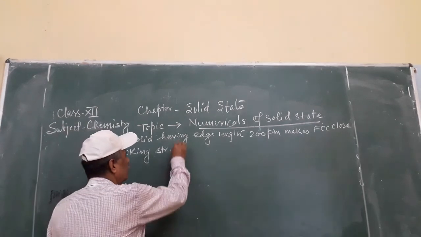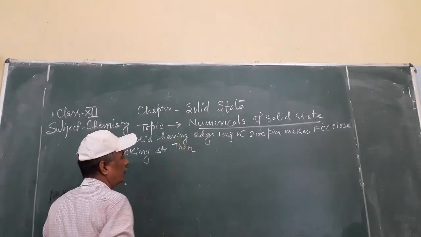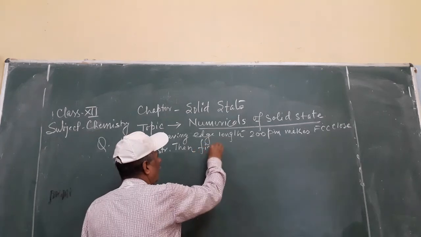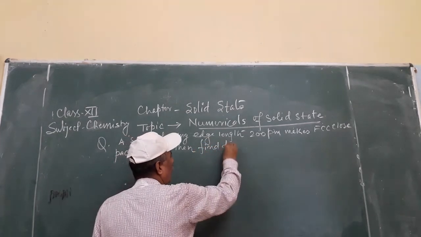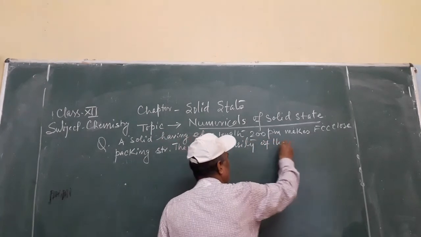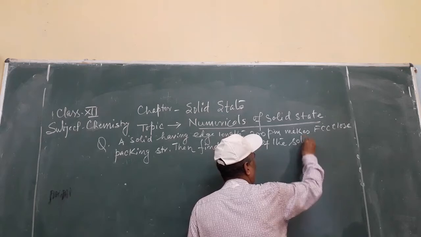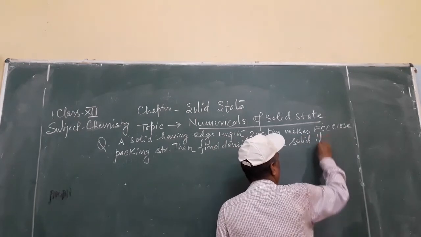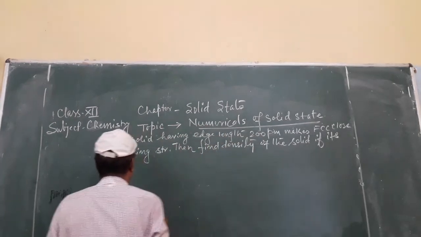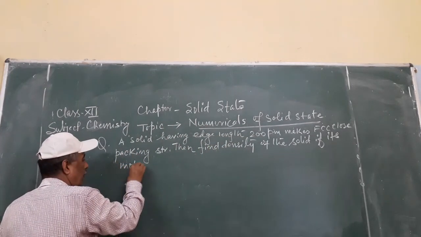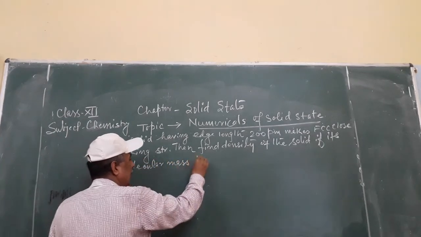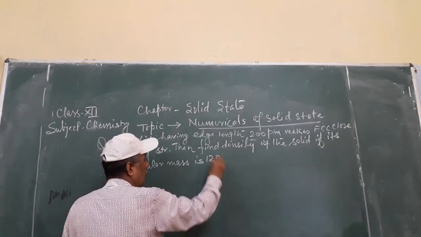Then find the density of the solid if its molecular mass is 120.